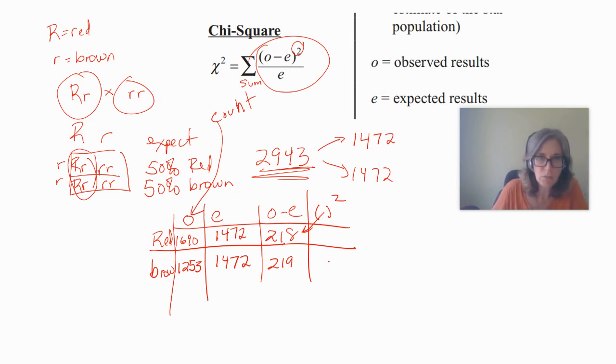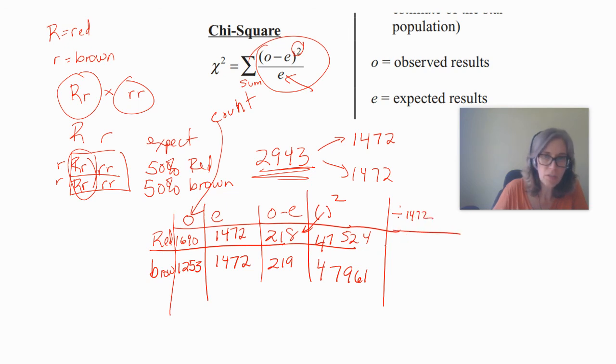So I'm going to take that number and square it. That gives me a really big number, 47961. And this number, 47524. All right, and then the next thing you need to do is divide by E. Expected is 1472.